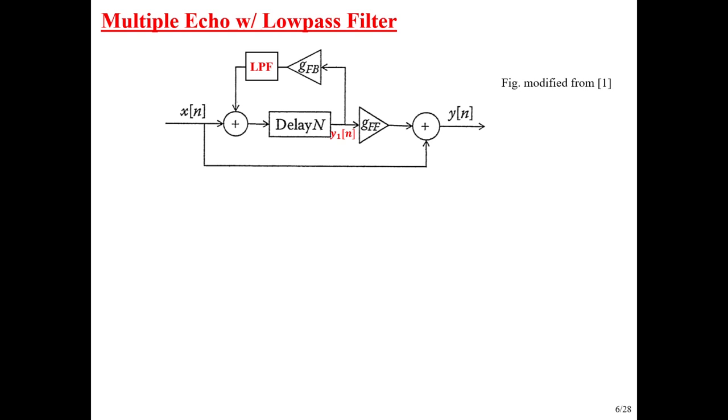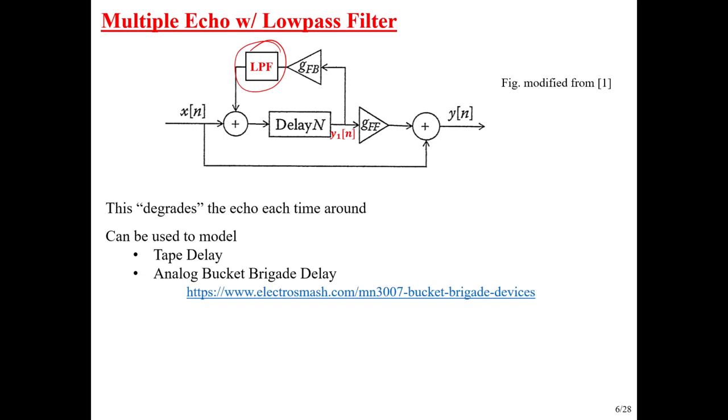We can mimic that in our digital systems by putting a low pass filter up here in the feedback. You can play around with parameters for that. You could actually have a knob to control the cutoff frequency or something else about it, maybe the order of it. But that's the idea. Each time the echo goes around, it goes through this low pass filter and keeps getting degraded. And so we can use that to model the old analog ways.